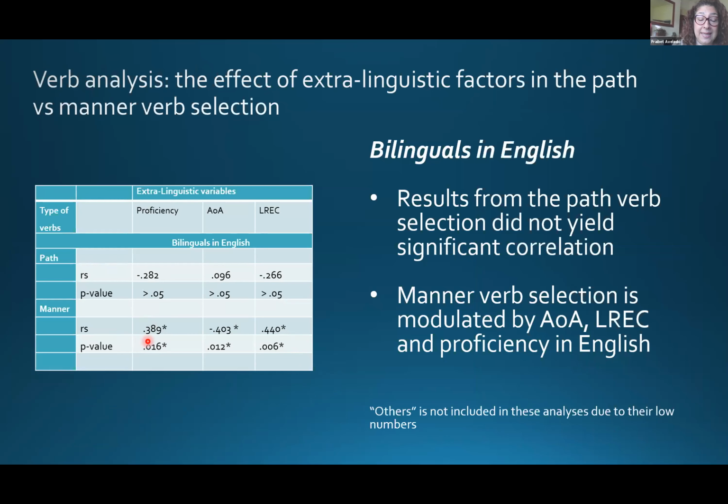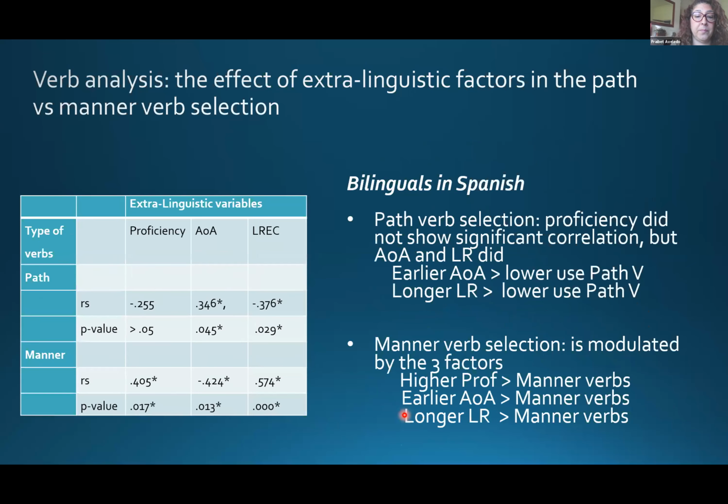We found that the higher the proficiency, the higher the production of manner; the earlier the acquisition of English, the higher the production of manner; and the longer the time spent in an English-speaking country, the higher the production of manner. Others were not included in this correlation because the numbers were really small.